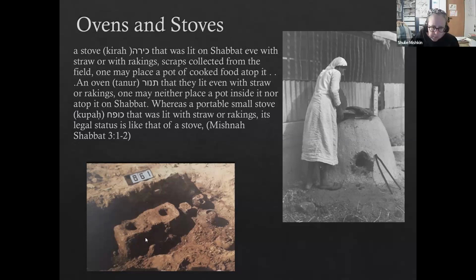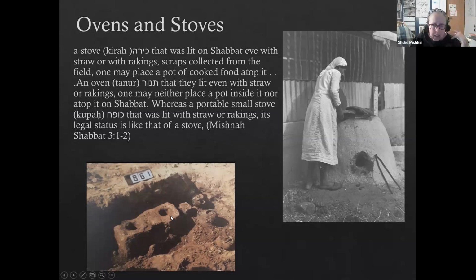A kira, okay? A kira is basically a fire that has stones on either side and a stone slab on top with holes where you can put pots. And we have a beautiful example of it. It was found in Masada, right? Take a look down here.